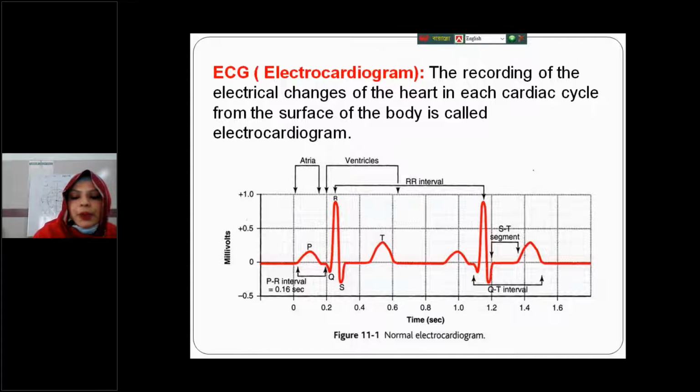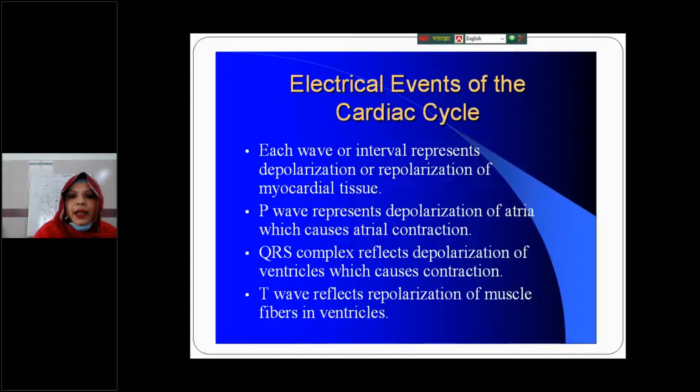Now you only have to know the electrical event. P wave represents depolarization of atria, which causes atrial contraction.